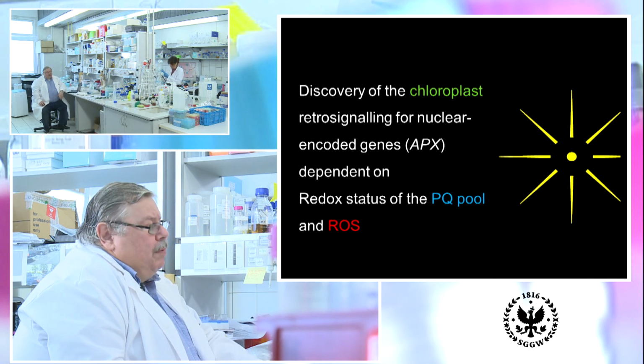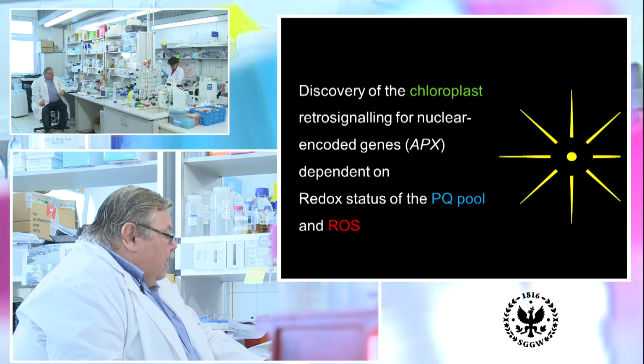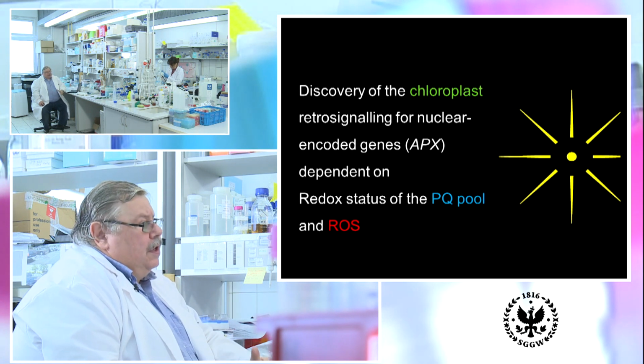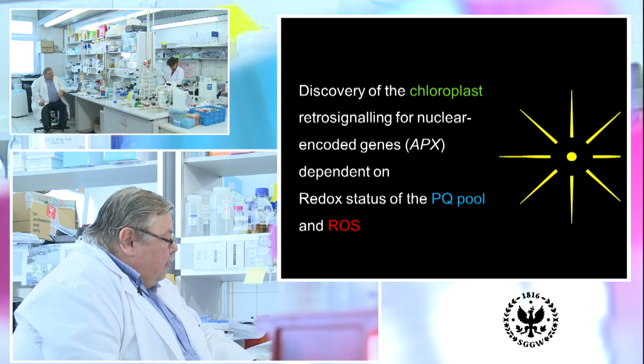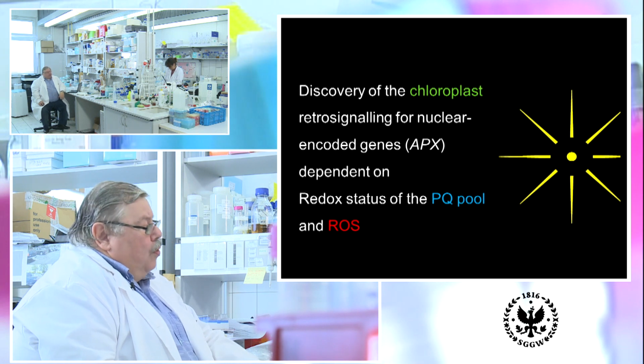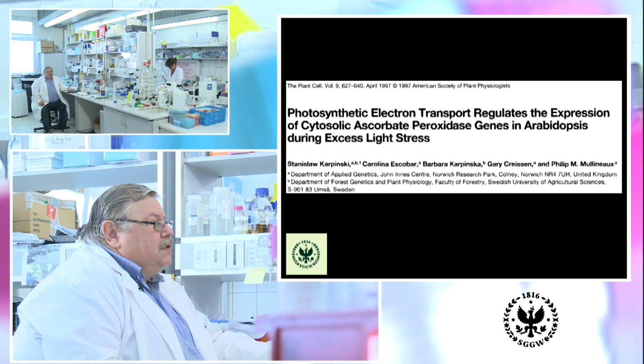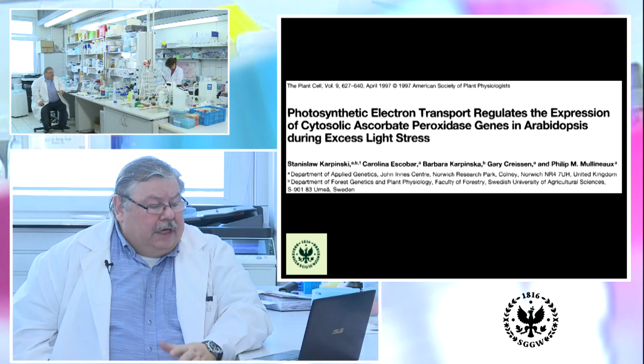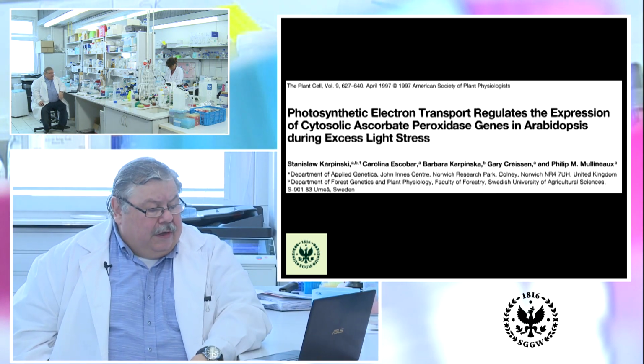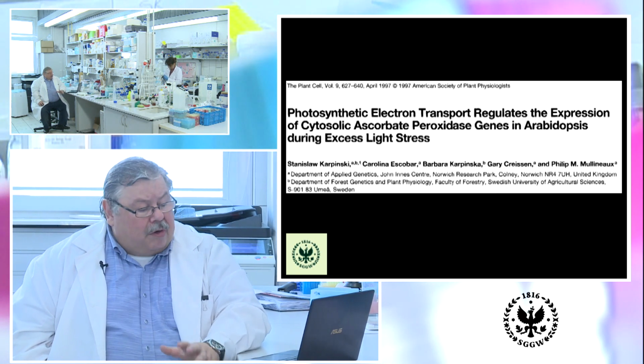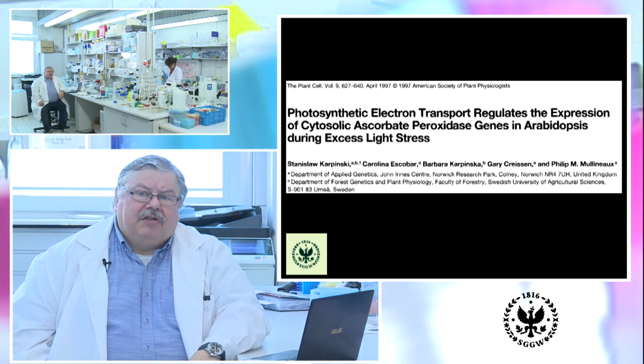Now I would like to talk about the discovery of chloroplast retrograde signaling for nuclear encoded genes. Ascorbate peroxidase is dependent on redox status of the plastoquinone pool and ROS signaling. In 1997, we published the first paper showing that the photosynthetic electron transport regulates the expression of cytosolic ascorbate peroxidase genes in Arabidopsis during excess light stress.